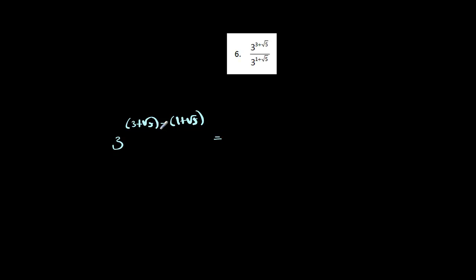Now because we're subtracting a binomial, we have to distribute this negative sign into both terms. So we have 3 to the 3 plus root 5 minus 1 minus root 5. The positive and negative root 5 cancel, so we have 3 to the 3 minus 1, which is 3 squared, which is 9.